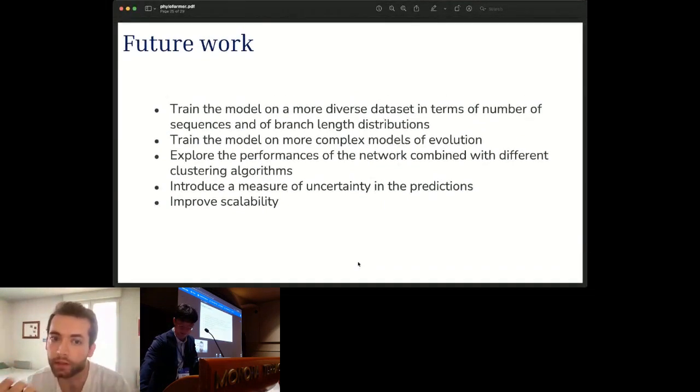Whereas our method is not constrained by the complexity of the evolution model.